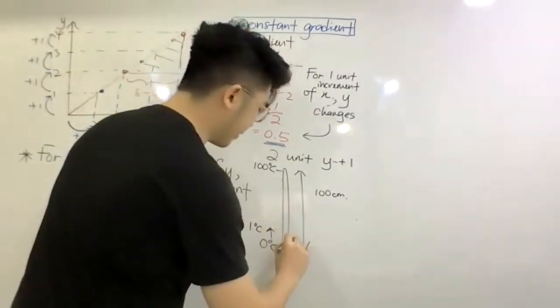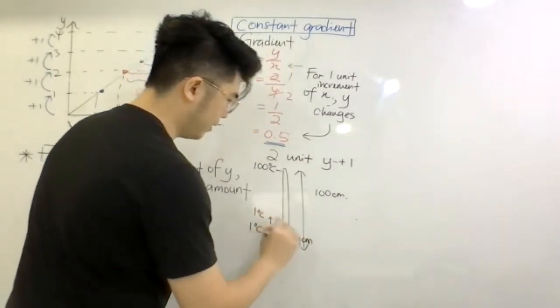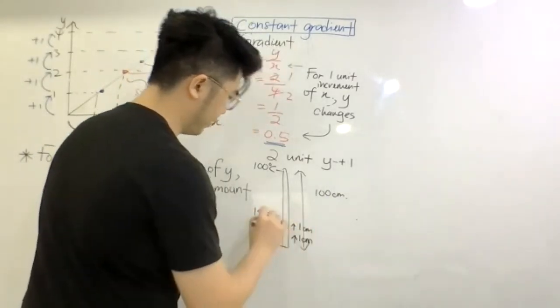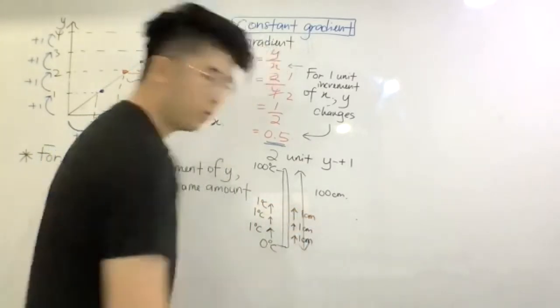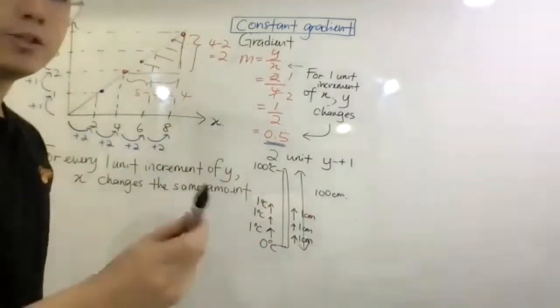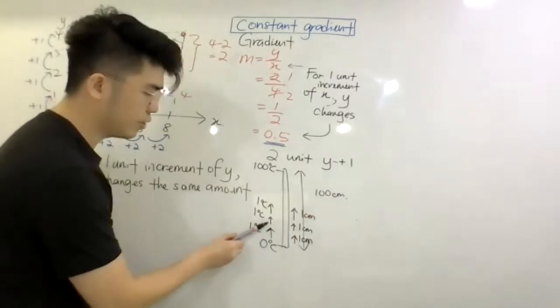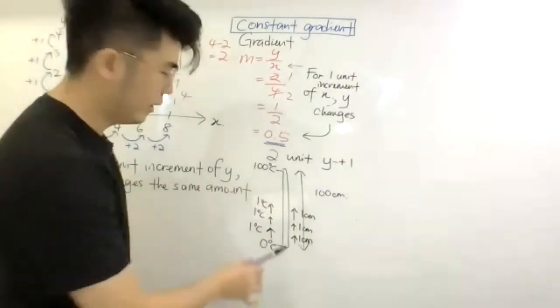Okay, the mercury inside rises 1 cm. You rise another 1 degree, this one rises another 1 cm. You rise another 1 degree, this one rises another 1 cm. So you rise 100 degree, this one rises 100 cm. The change is the same.